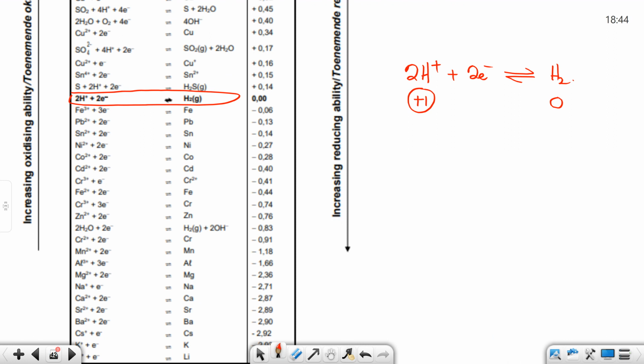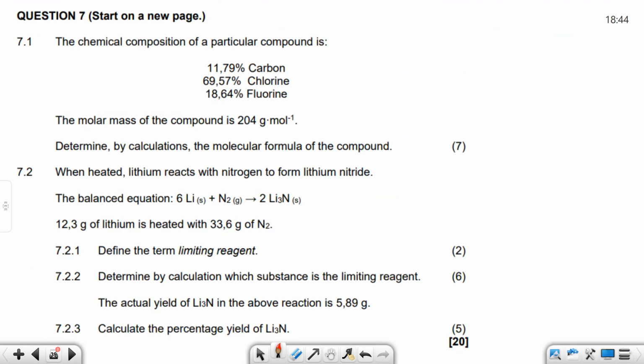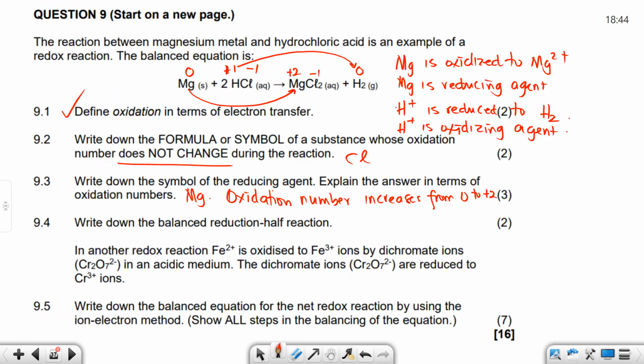Do you see? It's from positive 1 to 0. That's my equation is already set. So what will it be? 2H+ plus 2e. Quickly. All right? But this time around, you don't write a double arrow. You write a single arrow. H2 gas. 2 marks. Okay? Guys, are we okay with that? Did that make sense?